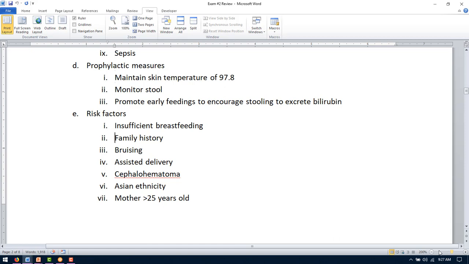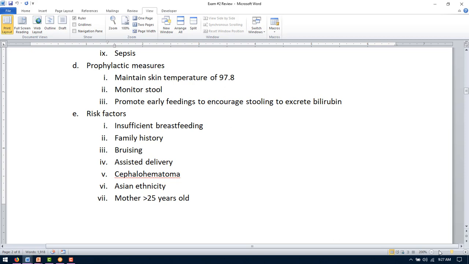The risk factors kind of go along with some of the causes, obviously. If they're not getting enough food from breastfeeding, insufficient breastfeeding, if they have a family history of jaundice, bruising is a big, huge one.